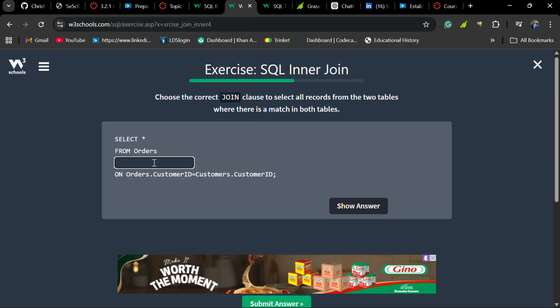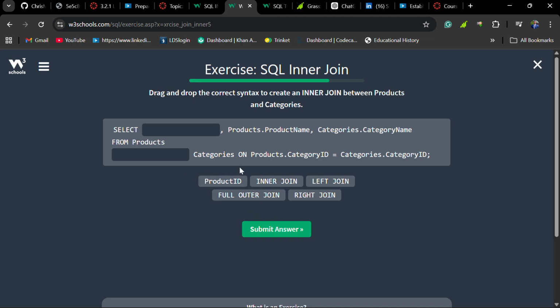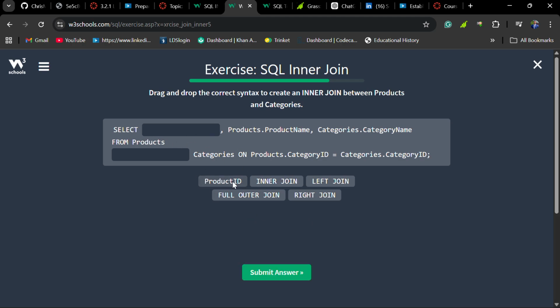Okay, so it's inner join, but I forgot to put the table. So the table is the customers table. Let's run that again. That's correct. Thank you. The next question is select from products and then inner join, and that's correct.